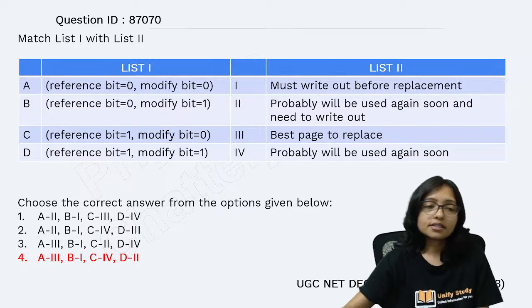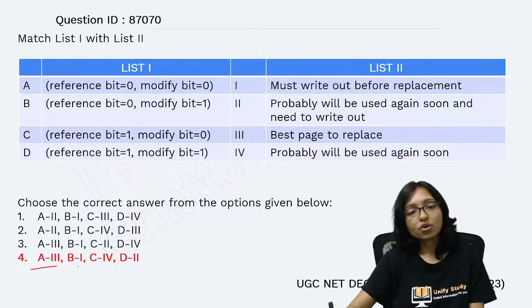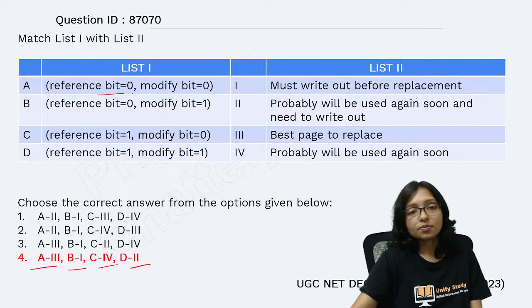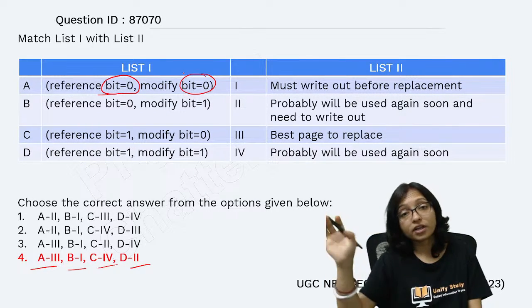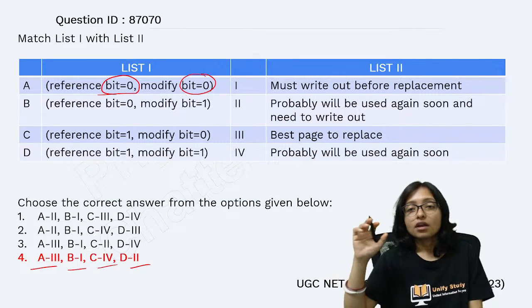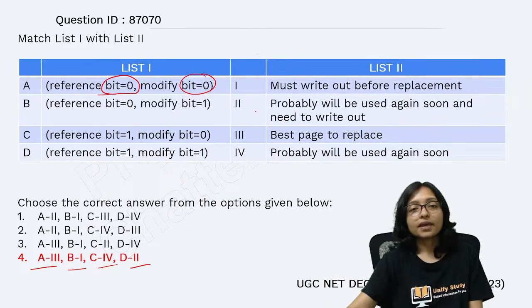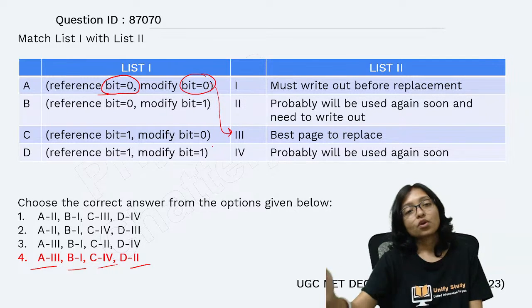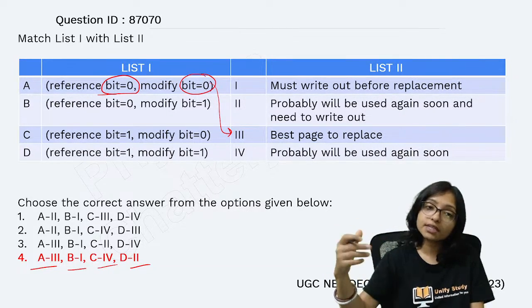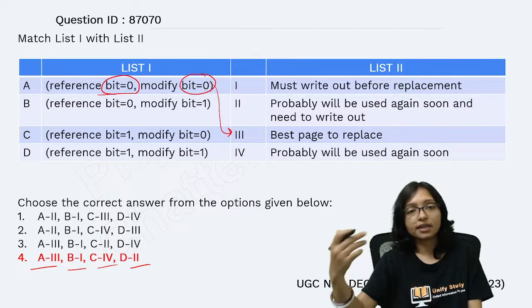The answer is this one: A4, B1. Why? Reference bit 0 and modified bit 0 means it is not referenced by anyone and it is not modified by anyone. That's why it is the best place to replace. When it is referenced by someone, it can be referenced again, probably it can be used again.